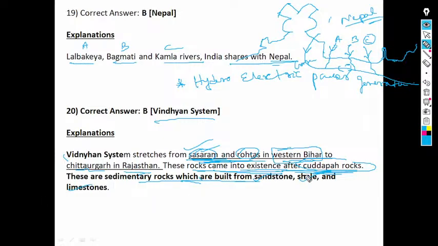The Vindhyan rock system is one of the oldest rock systems, with its origin during the Paleozoic time, if we look at the geological time scale. That is the Vindhyan rock system.